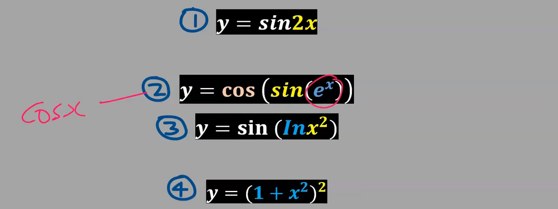However, this function is chained to this function, and all these functions are now chained to this function, replacing x. Likewise, this is chained to this, and everything here is now chained to sine. Here, instead of x squared, you can see that everything here is now replacing x.